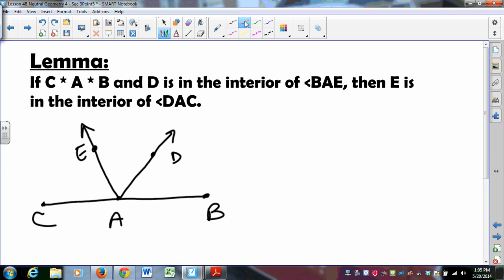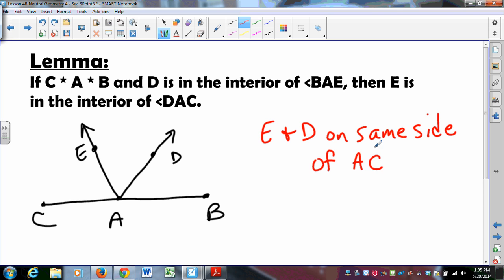There are two must-shows here that get the job done for us. One is to show that E and D are on the same side of line AC. If E and D are on the same side of line AC, then some wonderful things happen.